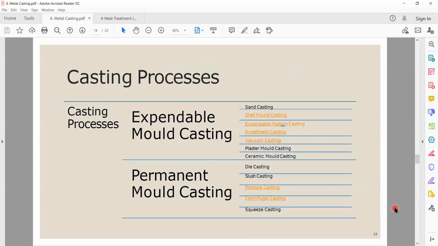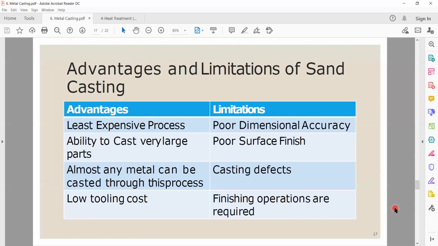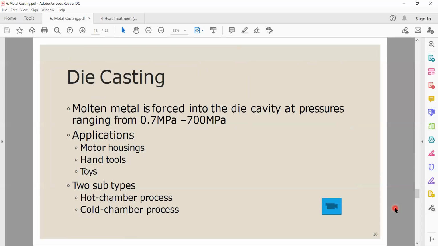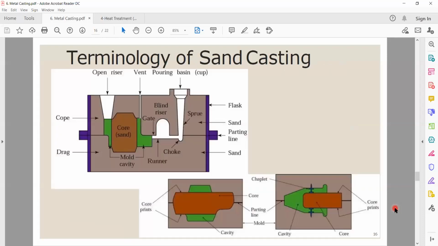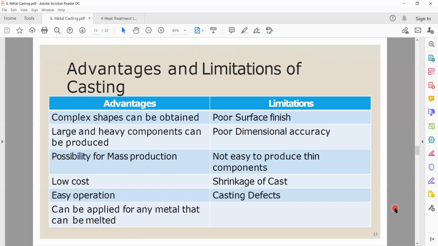Okay, so we'll stop at this moment. In the next class, we'll discuss the sand casting process and the die casting process, right? There are two types of die casting process, so we'll discuss that in the next class. If you have any doubt about the hardening process, tempering process, or this casting process, you can ask now itself.